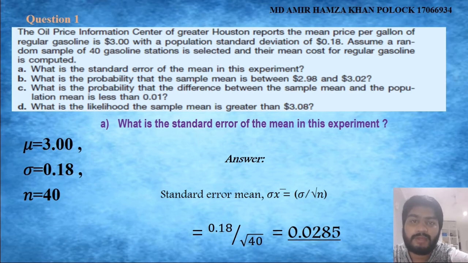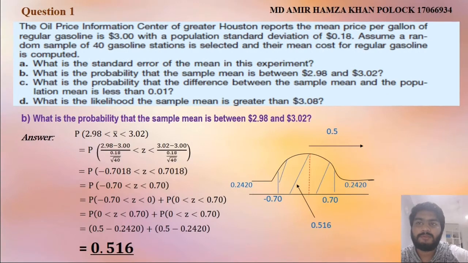Now moving to my second slide. So question B is, what is the probability that the sample mean is between $2.98 and $3.02? And the equation is going to be P(2.98 < X bar < 3.02). After doing the standardization, we find that P(-0.7018 < Z < 0.7018).